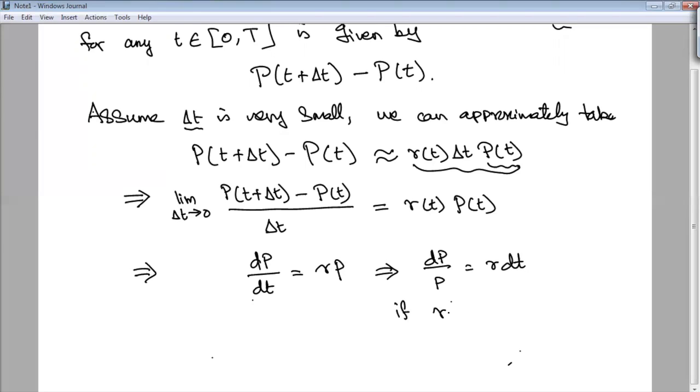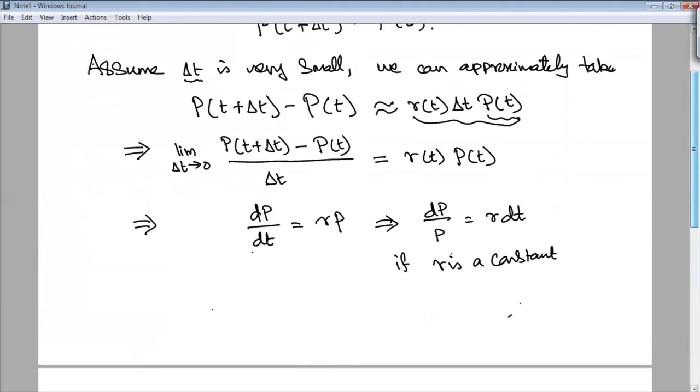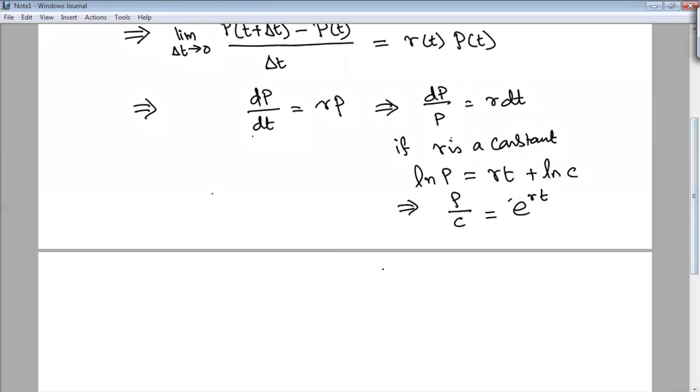If R is a constant, if you recall from your ODE, it is just a separation of variables. You have log P is equal to R times t plus log of some constant, and that implies P by C is equal to e to the power of RT. That implies P of t is equal to C times e power RT.